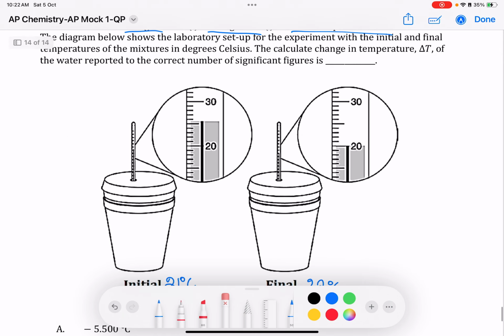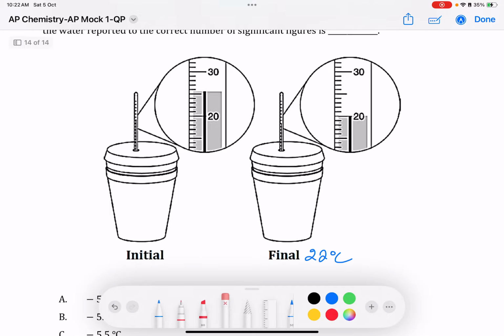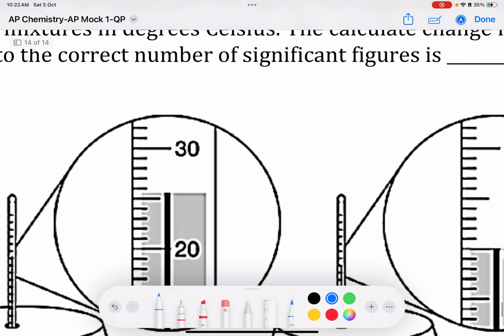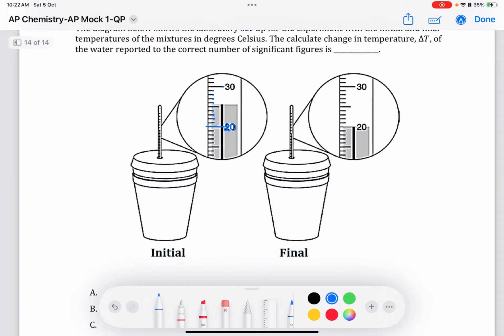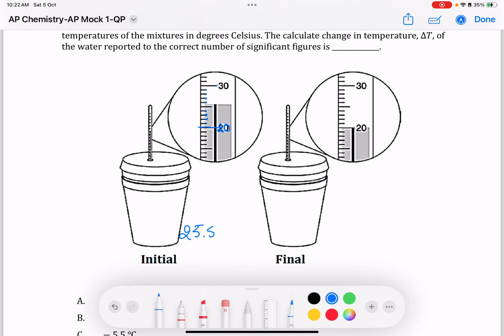Sorry for this mistake. Let me look properly. So this is 20. The 20 is here. Okay, 21, 22, 23, 24, 25, 26, 27, 28, 29, 30. So it is 25.5 degrees Celsius.